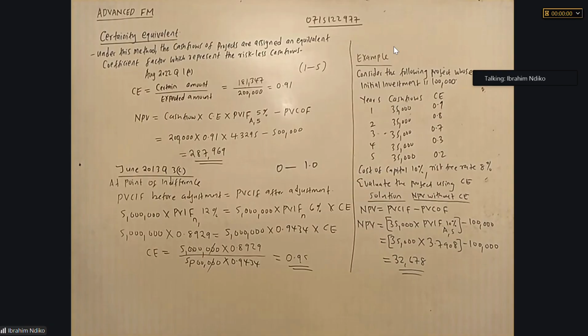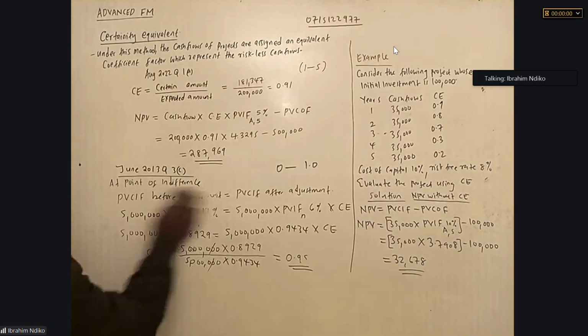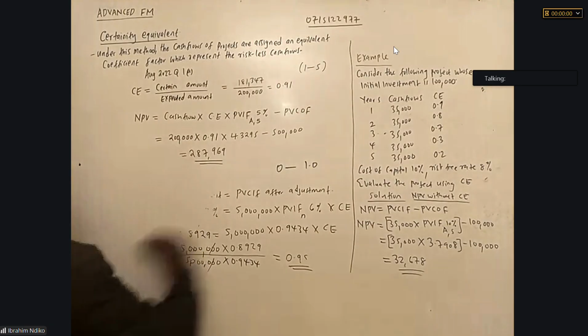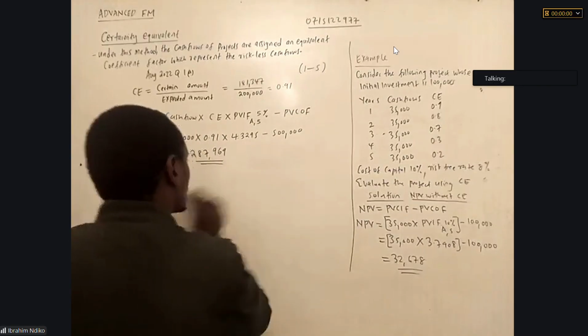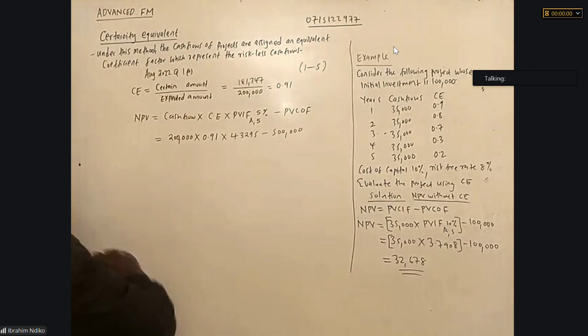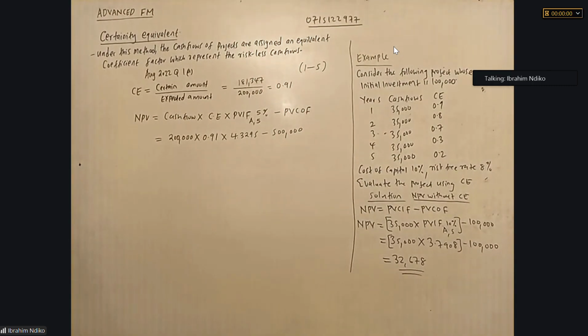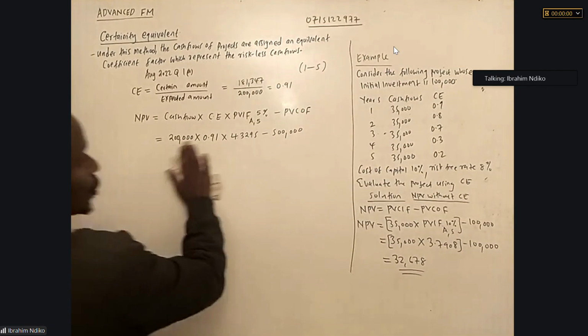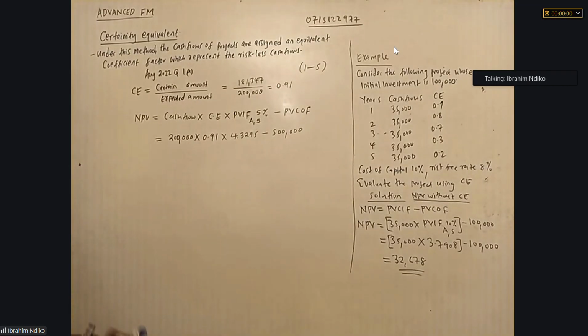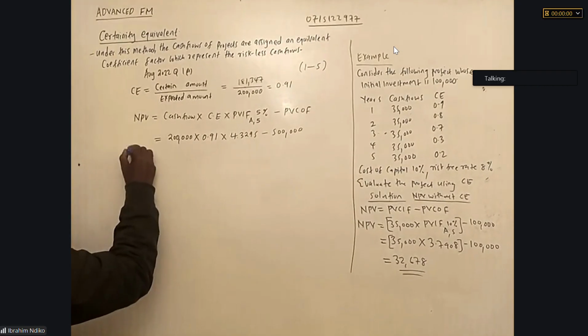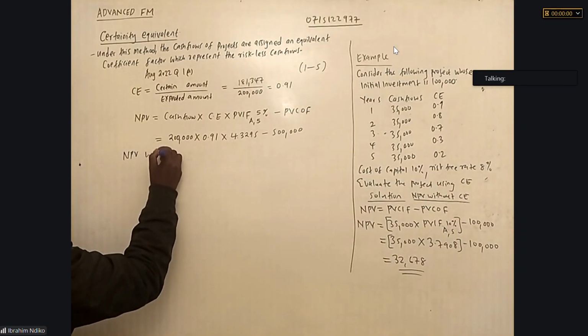So I want you to go to the table. Let me solve it from this point. Let us now do the question with the certainty equivalent. So the same question, NPV now with CE.